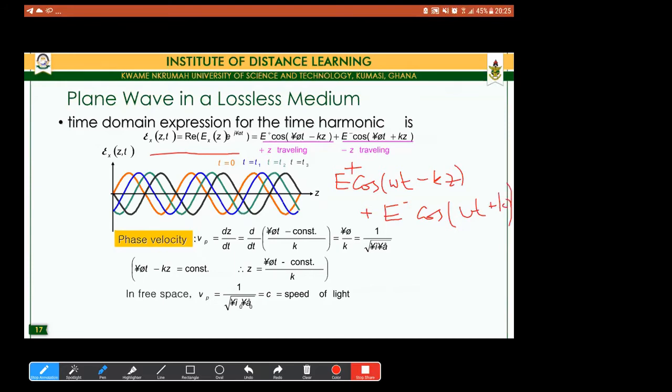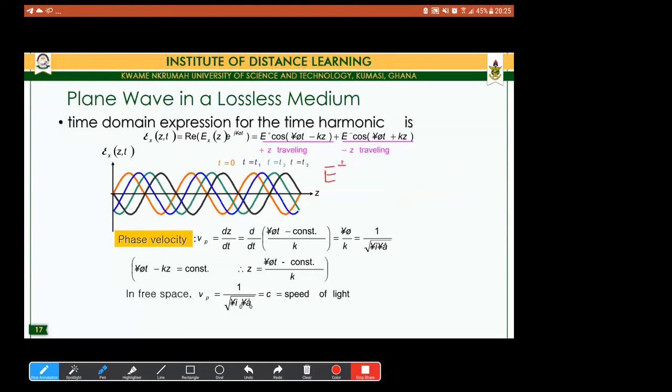So what it means is that we have two waves. One is propagating in the positive direction and the other one is propagating in the negative direction. And then this, what is in the bracket here, omega t minus kz, is the phase with which the wave is propagating. Let me rewrite them here.